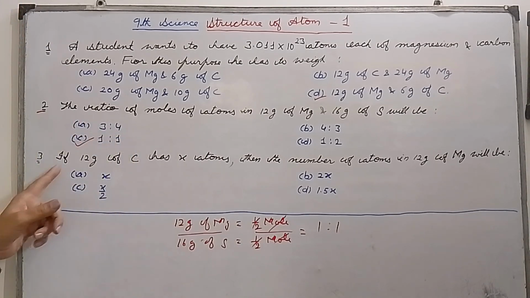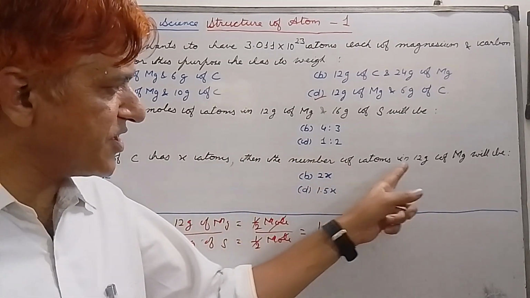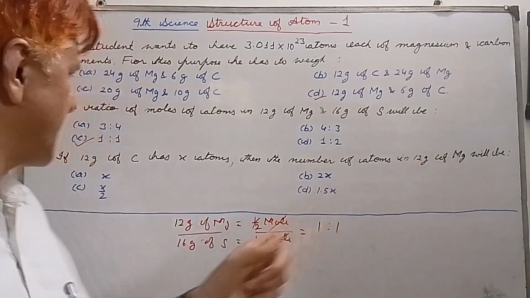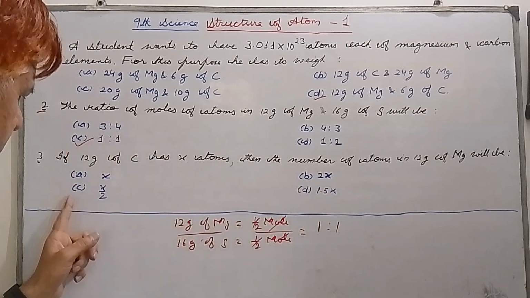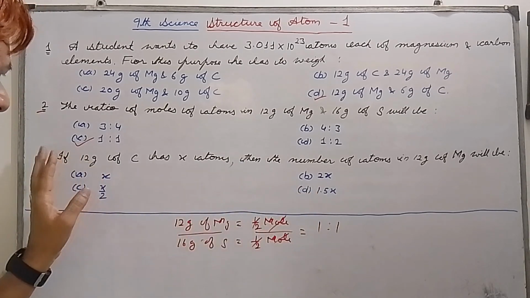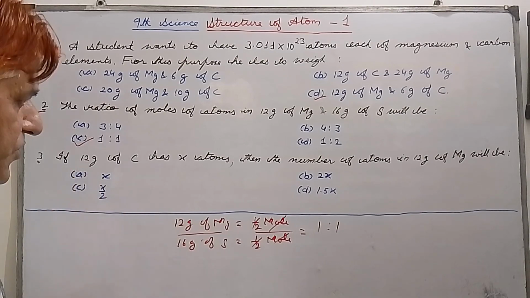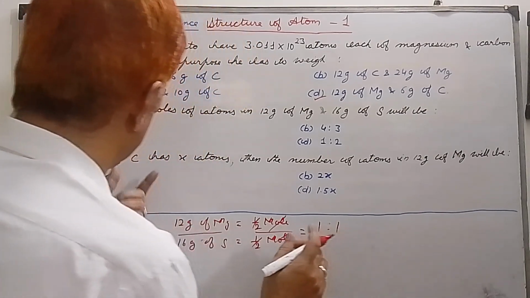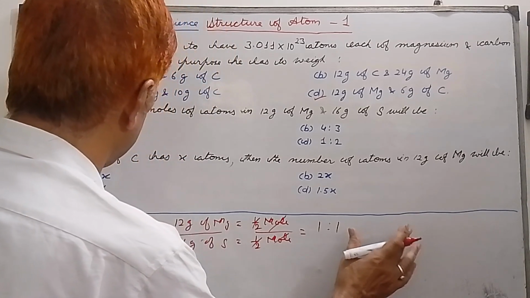Question number 3. If 12 gram of carbon has X atoms, then number of atoms in 12 gram of magnesium will be, first option is X, B is 2X, C is X upon 2 and D is 1.5X. So 12 gram of carbon has X atoms. So you can write that 12 gram of carbon has X atoms.